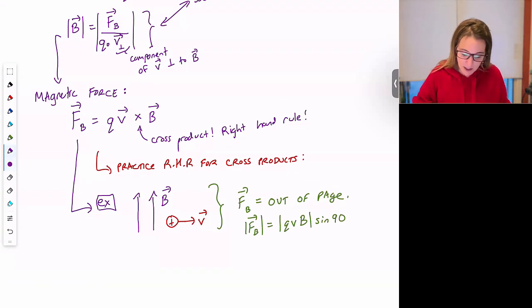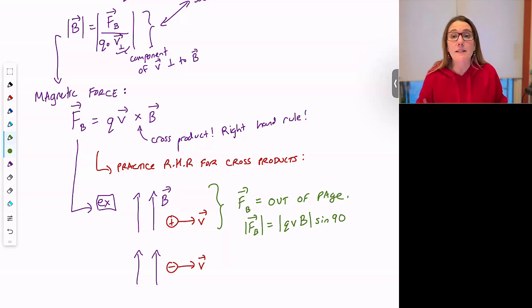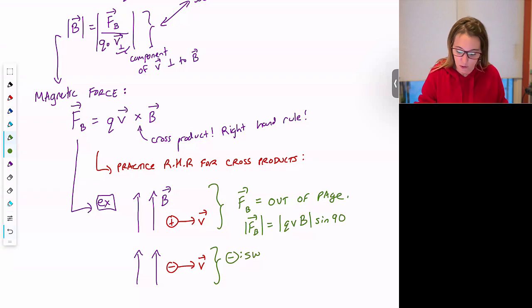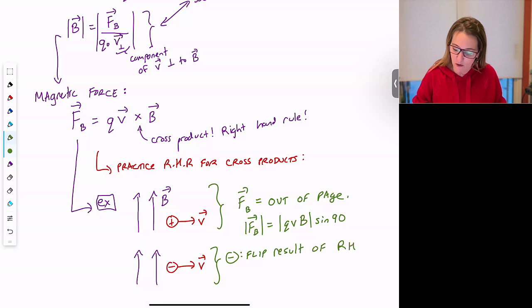Let's say I have the same situation, but now I have a negative charge, but it's also moving to the right. So if I have a negative charge moving to the right, I'm going to have to flip the result of the right-hand rule. So I would do V cross B, and I would get out of the page.